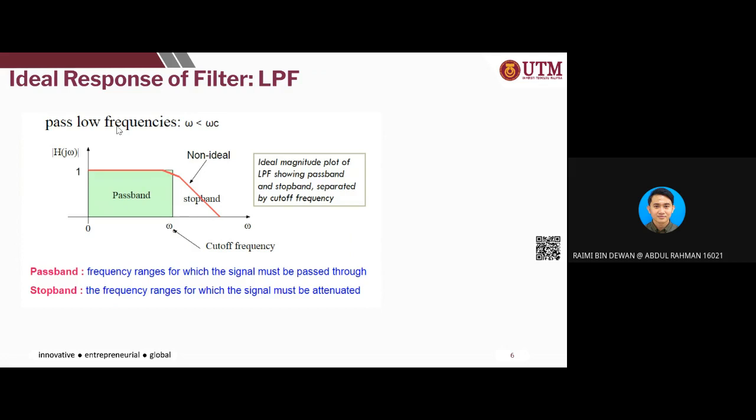So this is the filter response. This is the practical non-ideal filter response for low pass filter, and this is the ideal response for the low pass filters. The definition remains the same as in the previous chapter 5. If you have a problem, let me know, because this is actually a repetition.